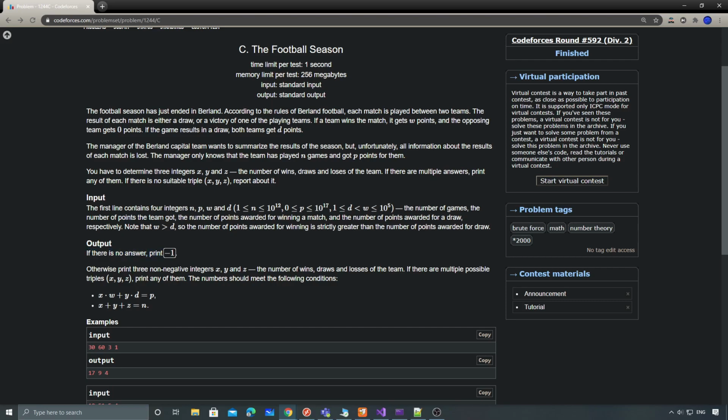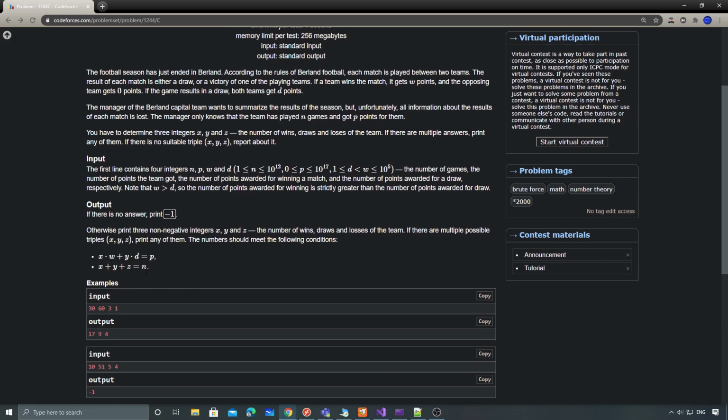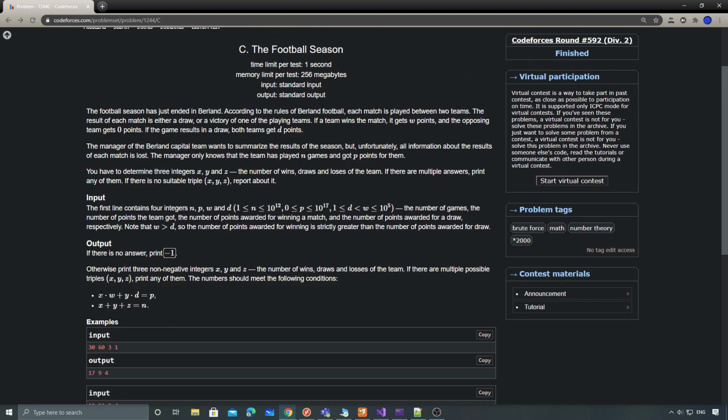So more formally, we're trying to solve an equation, which is x times w plus y times d equals p, and the second one is x plus y plus z equals n. Actually, for the second one, it doesn't really matter how many games we lost, because as long as x plus y is either equal to or smaller than n, that's fine.